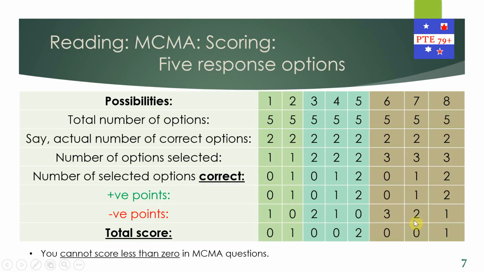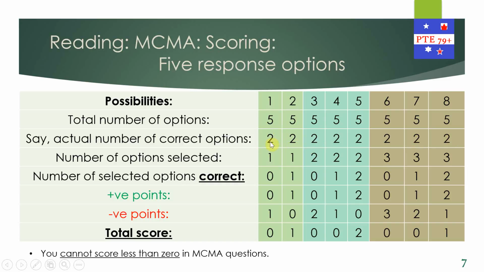So 1 minus 2 is actually -1, but you'll get 0. You'll not get -1. This is just a table. Go through the table, you'll understand. These are just possibilities, with all 5 option responses given as examples. There can be 6 and 7 response options, so there are more possibilities, but I did not put them here.